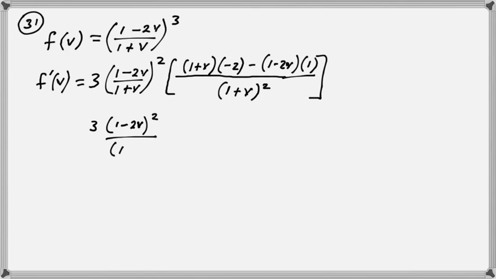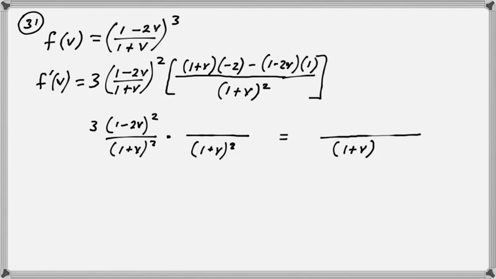On bottom I have 1 plus v, and that quantity is squared. And over here I'm multiplying it by something that has a 1 plus v squared also on the bottom. So I notice on bottom I'm probably going to have the 1 plus v quantity to the 4th, because squared times squared, adding exponents.